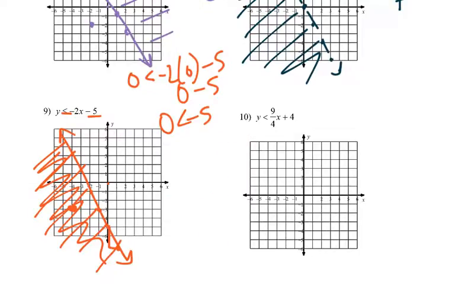Okay, number 10, plus 4 for our y-intercept. Slope of 9 over 4 means we go up 9 to the right 4, or down 9. 1, 2, 3, 4, 5, 6, 7, 8, 9 to the left 4.